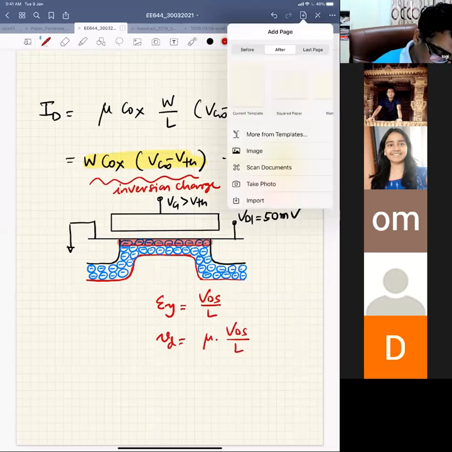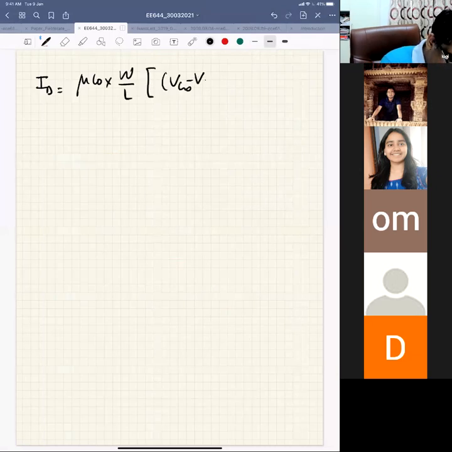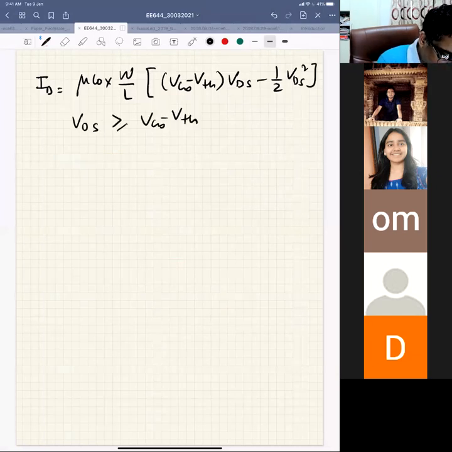Similarly, this is my equation: mu Cox W by L, VGS minus VTH, VDS minus half VDS square. I told you earlier, if VDS is greater than or equal to VGS minus VTH, then your current ID remains constant, ID does not change.